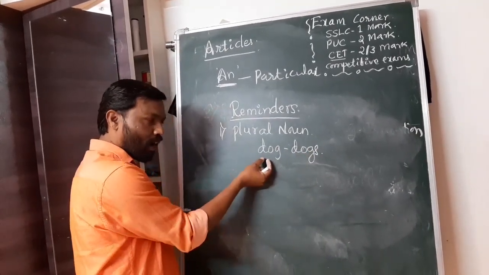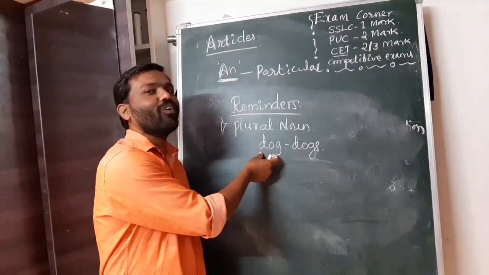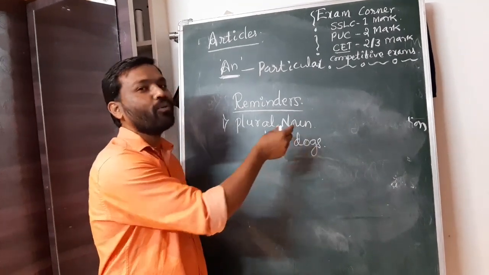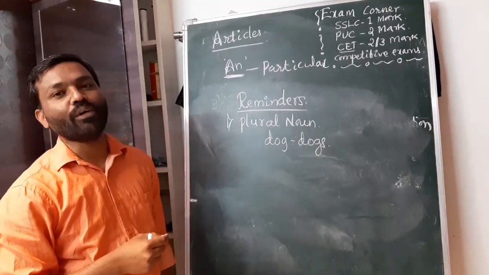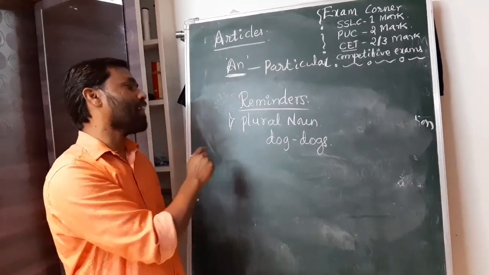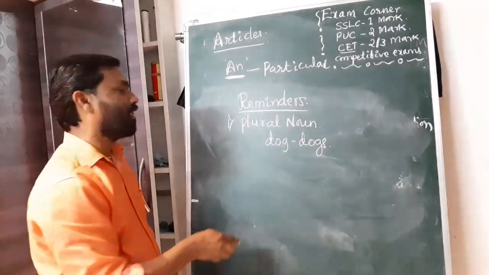So why are we not using an article here? Dog is singular, so we must use an article. But dogs is plural, so there we are not using any article. Please keep in your mind, if there is a plural noun, don't use any article there.